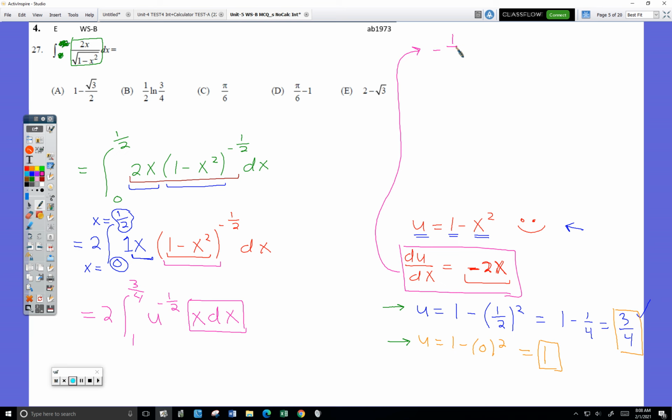I get negative 1/2 du. It's the same thing as x dx. So this x dx is a pink box, which according to my algebra would be equivalent to this green box. So I simply remove the pink box here, and in place of the pink box, I substitute the green box up here.